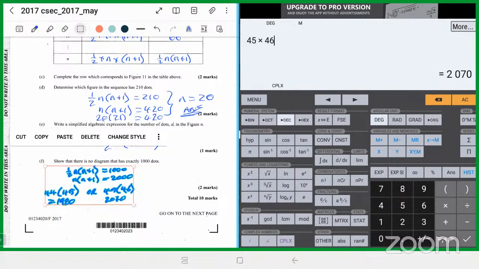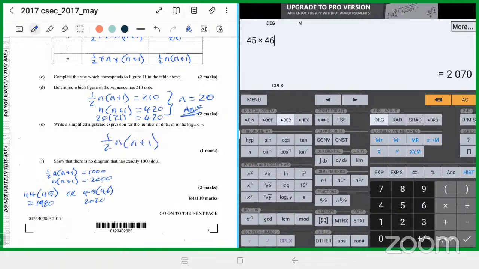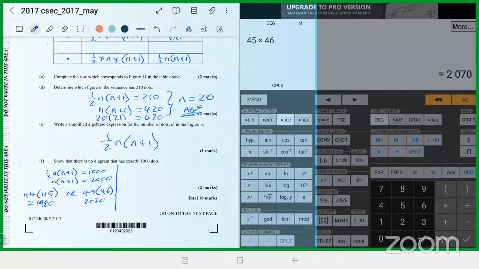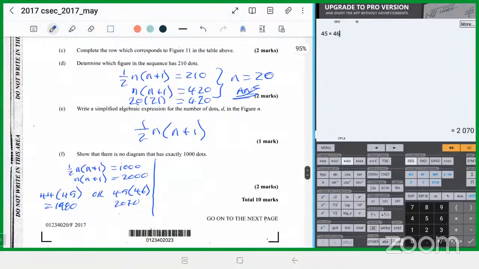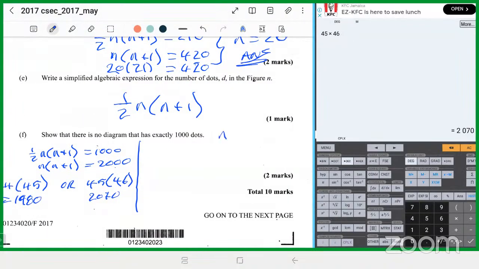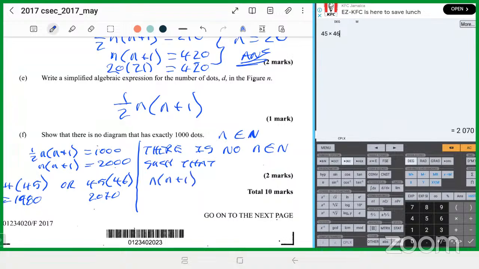Based on this, I can say something like, firstly, n has to be a natural number, right? There is no n which is a natural number such that n times n plus 1 is equal to 2,000.